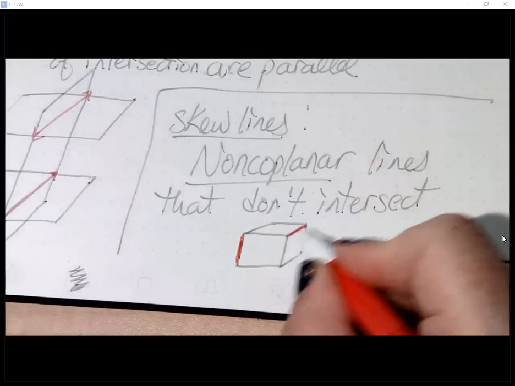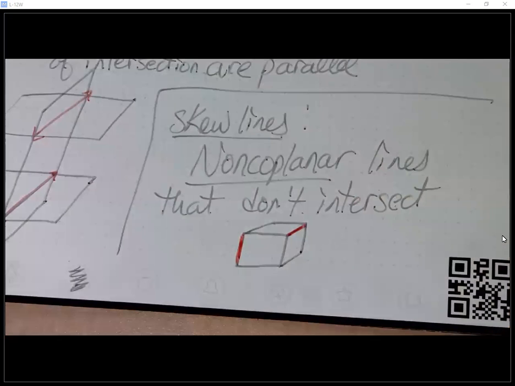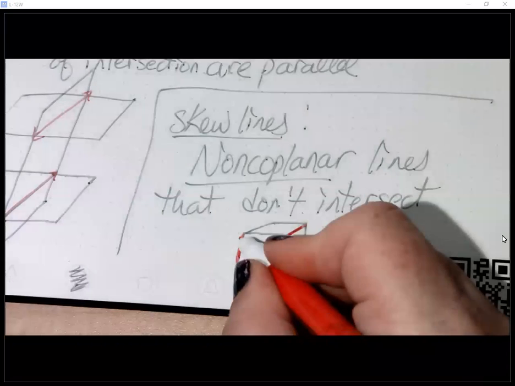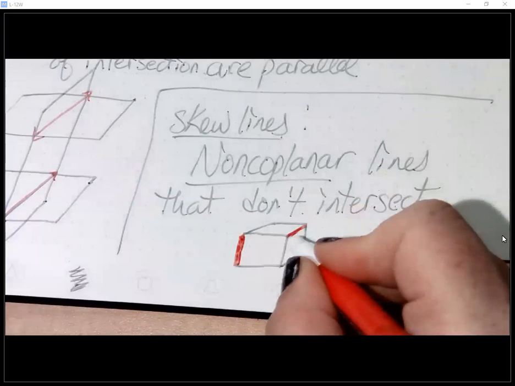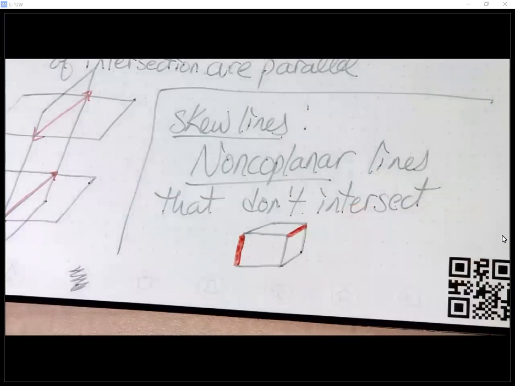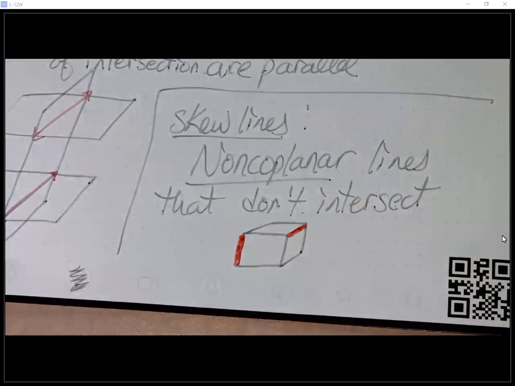Because if you imagine those going on forever, they will never meet each other, but they are also not on the same plane. They're not both contained on the front of the box or the top of the box or the bottom. They don't share a plane between them. And they will never intersect each other. And they are definitely not parallel. So there are skew lines.